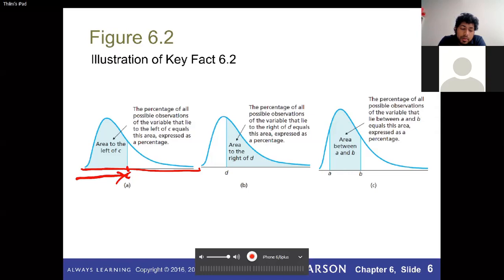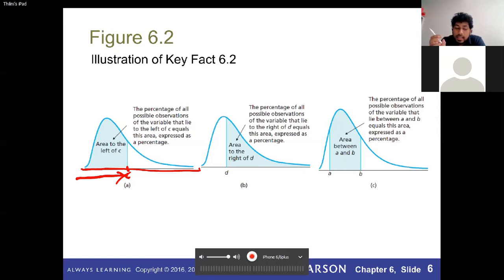The percentage of all possible observations of the variable that lie to the left of C equals this area. We call that the area to the left of that particular value.